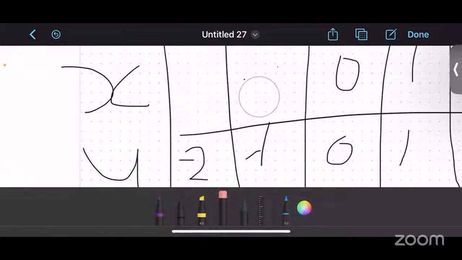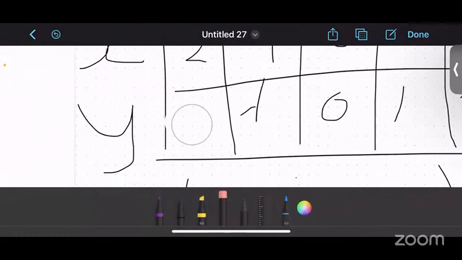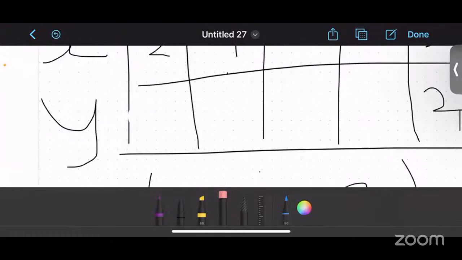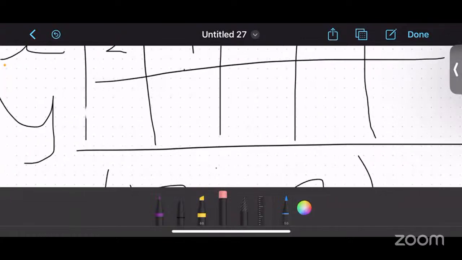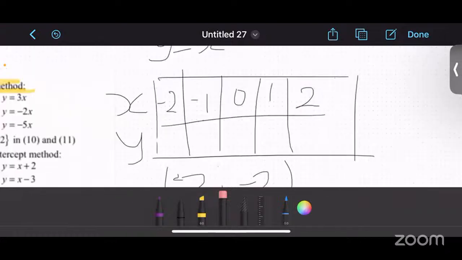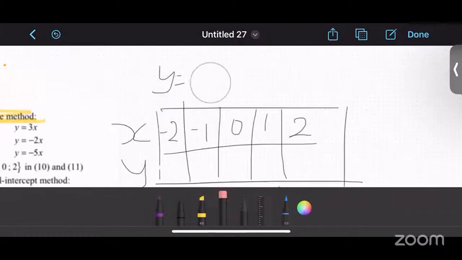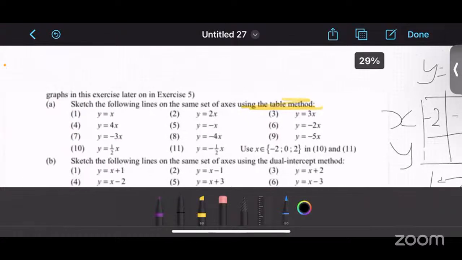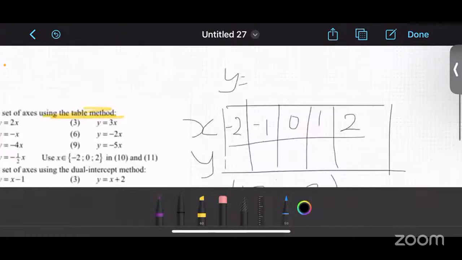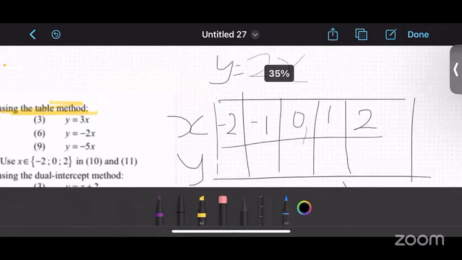I'm just wiping the y values because we're gonna use the same x values because we're using the table method. So my y is equal to 2x. Okay, so now I'm gonna do the same thing.